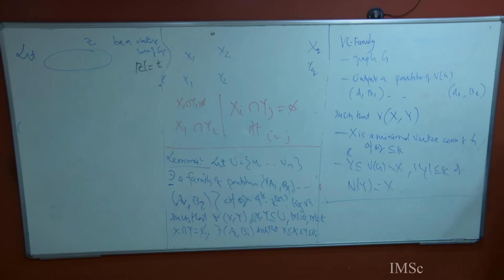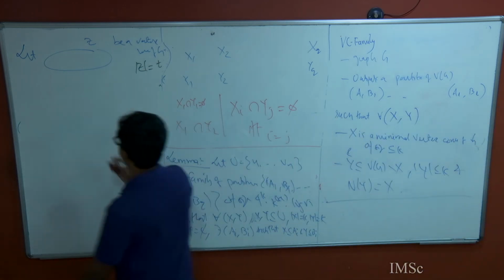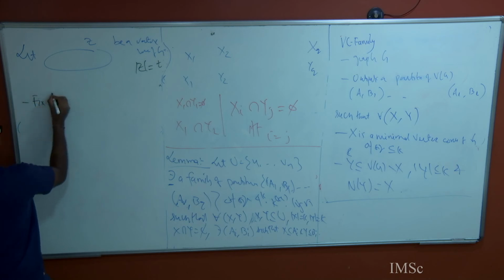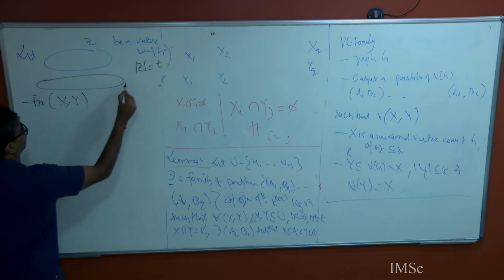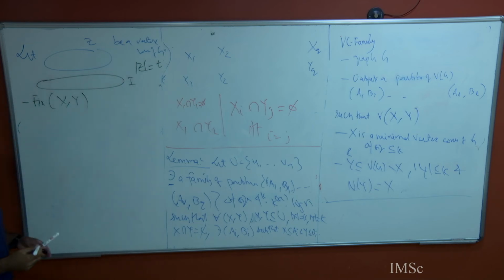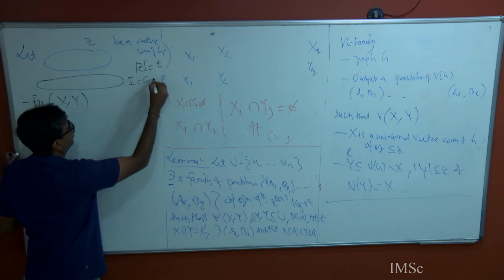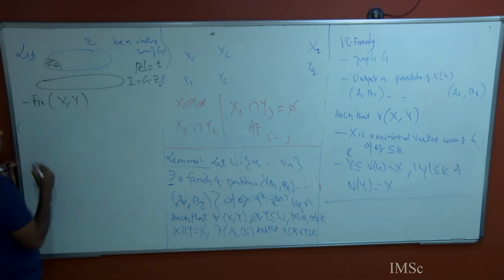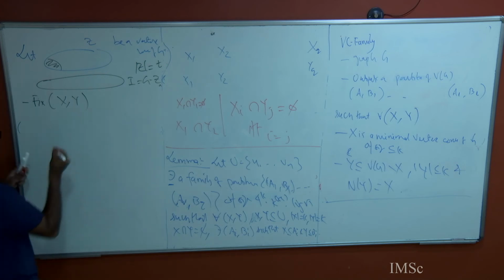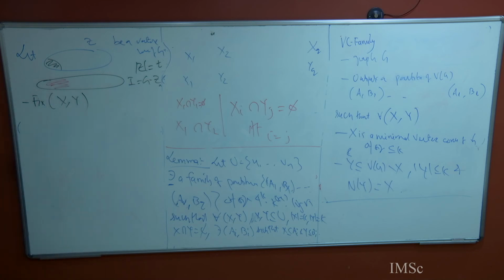Okay, let's fix some x comma y. Fix x and y. This is Z and this is V minus Z. Okay. Now let's look at where x will lie. X is going to be where? X could be somewhere here and maybe somewhere here, right?